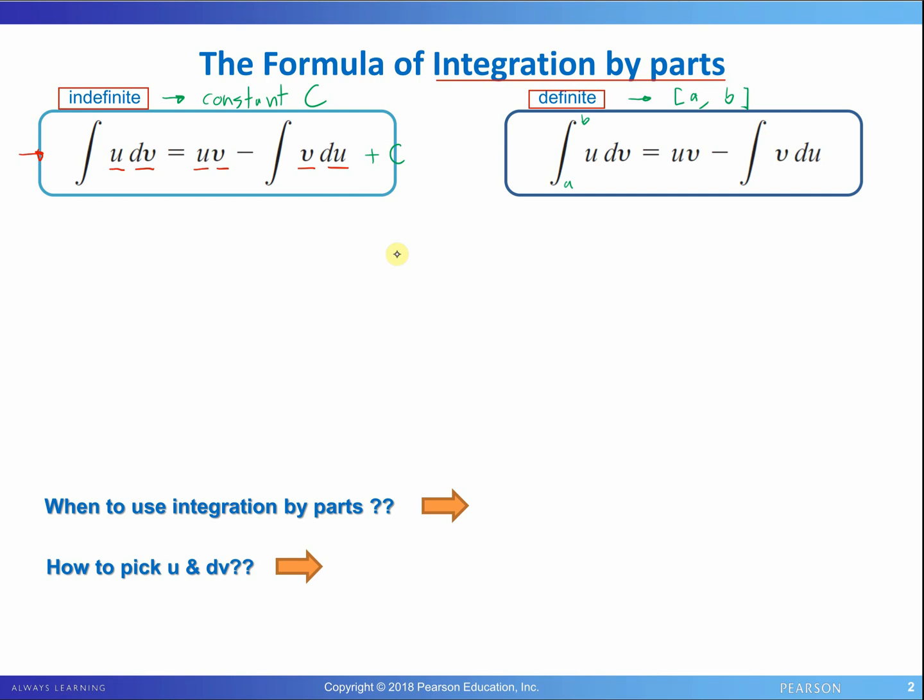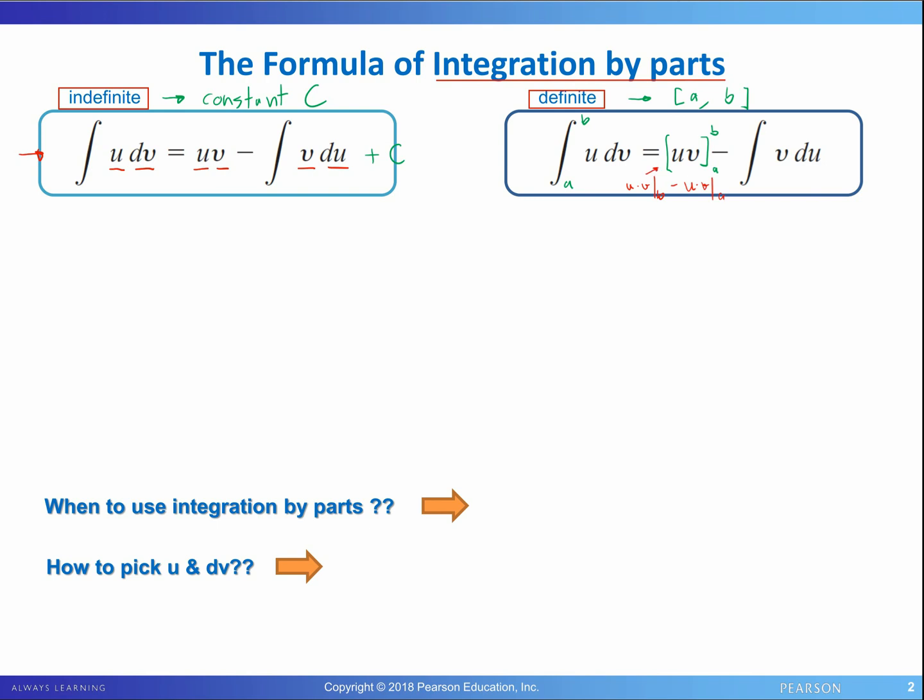It has to be evaluated at two values, b and a. So this has to be evaluated at b minus evaluated at a. So let's make a note right here that this is u times v evaluated at b, the endpoint, minus u times v evaluated at a, the starting point.